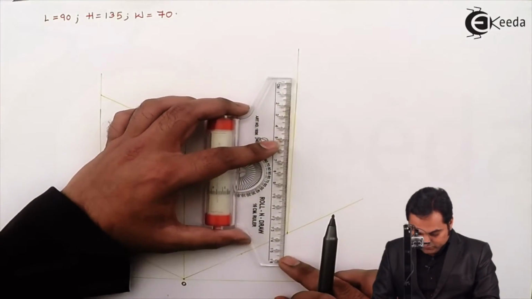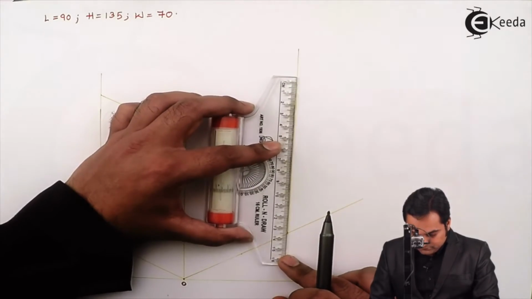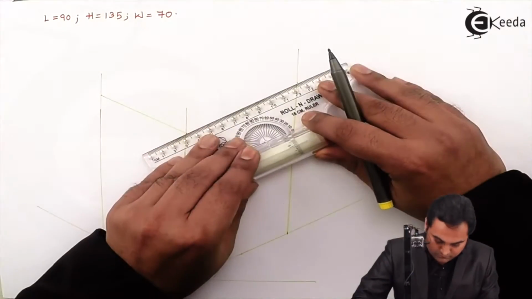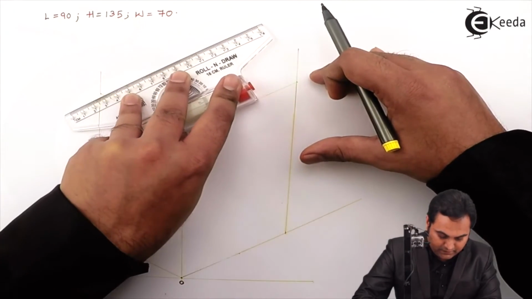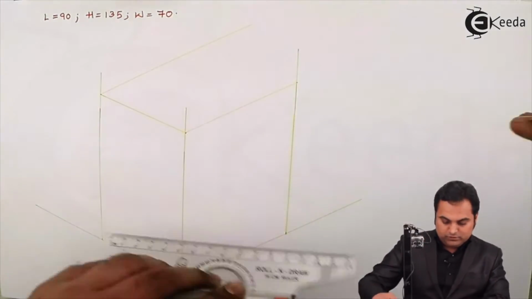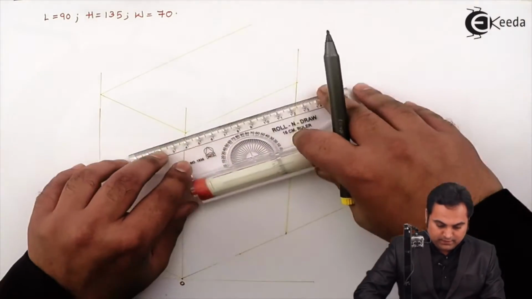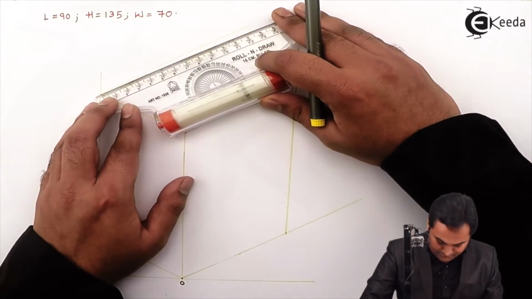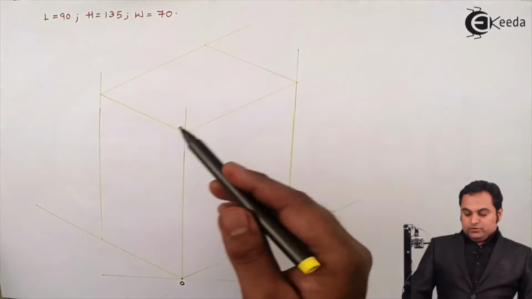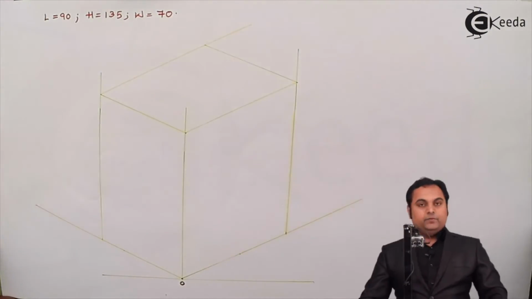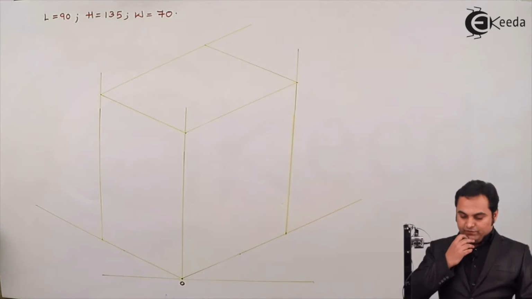Marking 135 over this. Projecting this length parallel. Now over this, I'll be marking again 90 mm. So this is the block inside which I am going to draw the isometric view.